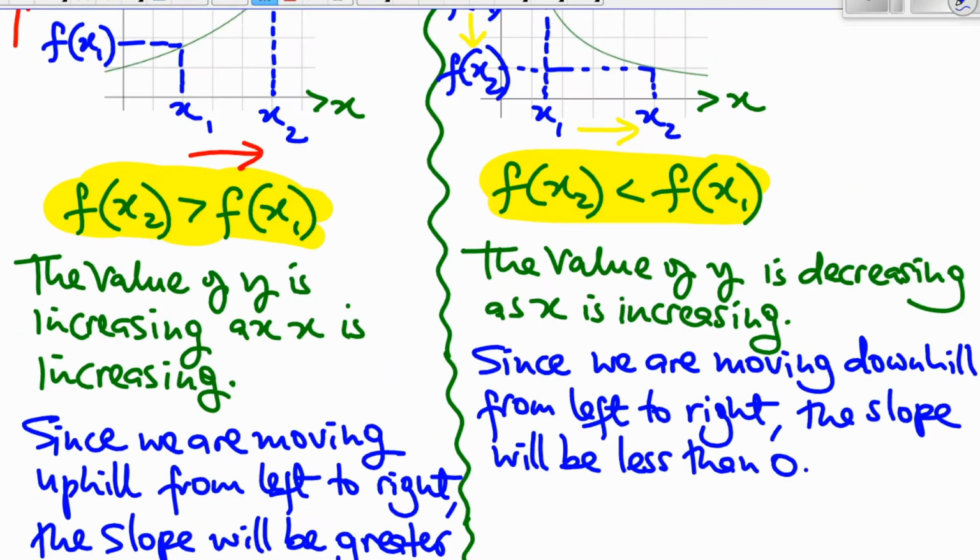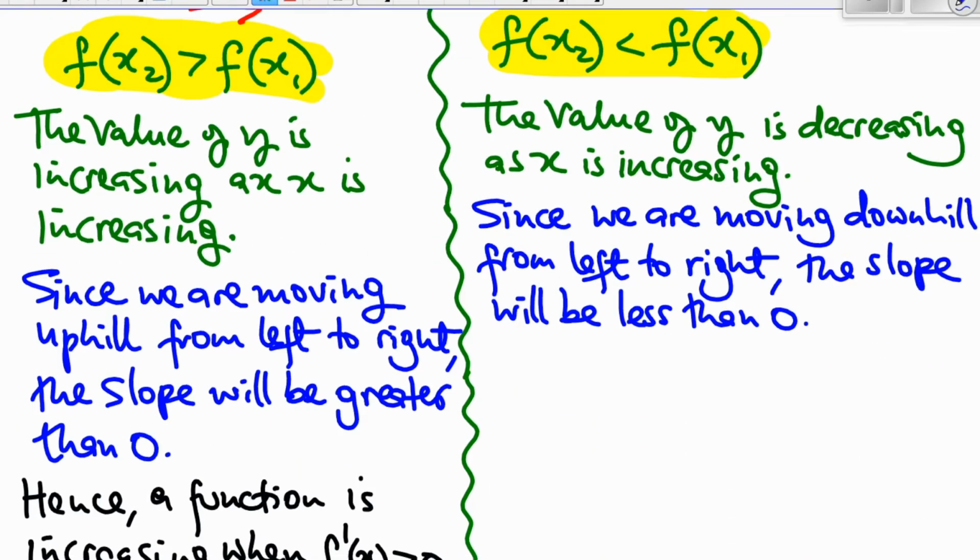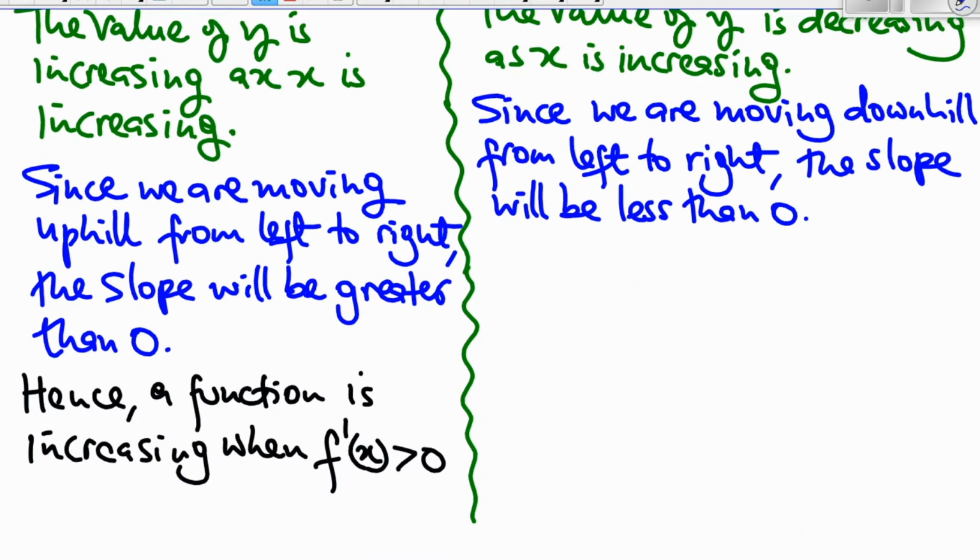And what can we say if the function is decreasing? The slope will be less than 0. So how can you summarize that using a mathematical statement? We can say that a function is decreasing when the slope is less than 0.